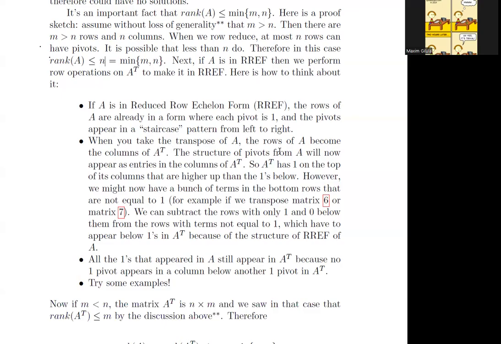So the structure of pivots from A now appears as entries in the columns of A transpose. Instead of being to the right, they are now above or below. However, we might have a bunch of terms in the bottom rows that are not equal to 1.